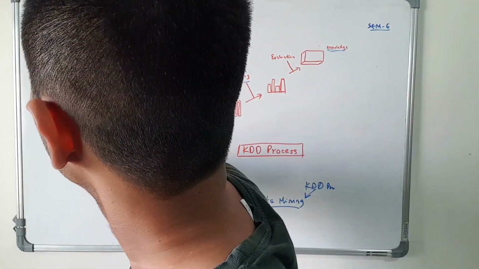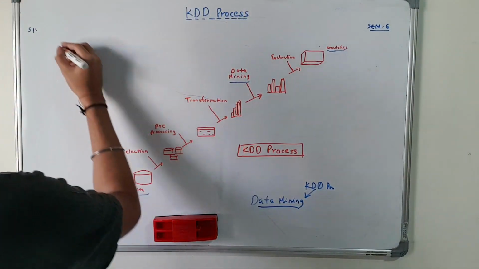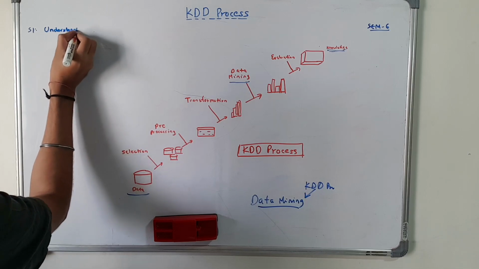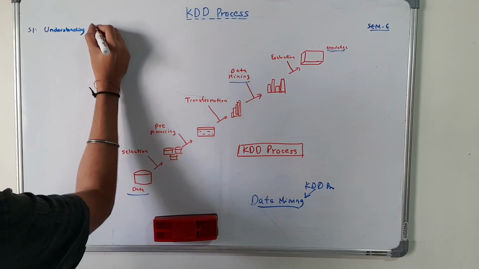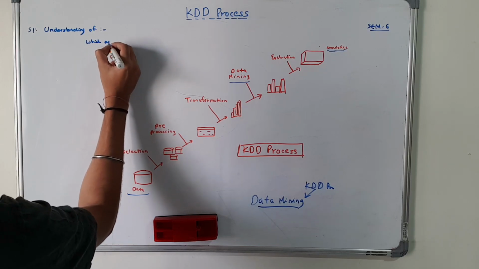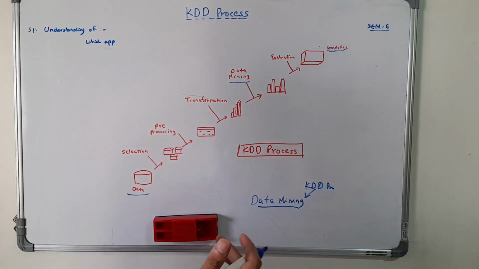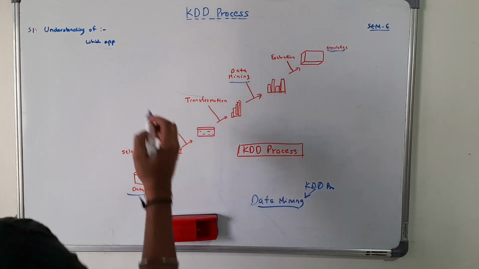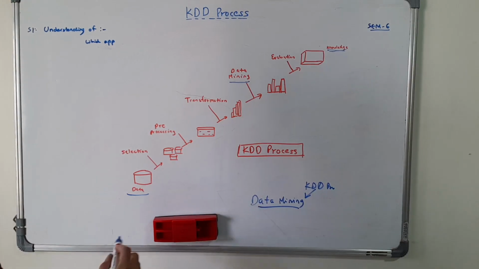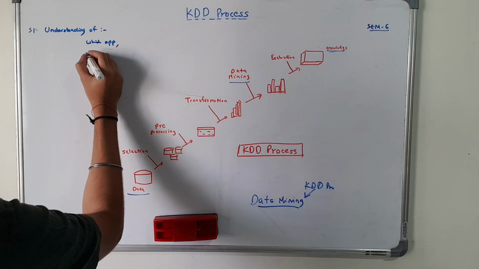So the step 1 is that you have to first understand the basic, you should have a basic understanding of the following things, like which application domain are you working in, what is the actual goal of the end user, like what the end user wants from the huge data set, and you need the particular prior knowledge in this field.